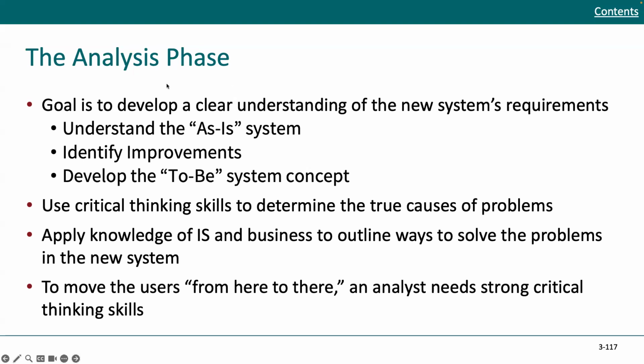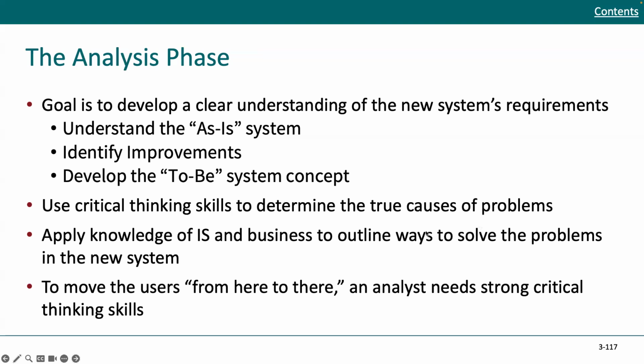So the analysis phase, the goal is to develop a clear understanding of the new system's requirements. So we have the as-is and to-be concept that we'll be dealing with. So first of all, we need to understand as-is how the system is operating today. We want to be identifying what the desired improvements are and then develop the baseline for what the to-be system concept will be. We want to be using critical thinking skills to determine the true causes of problems.